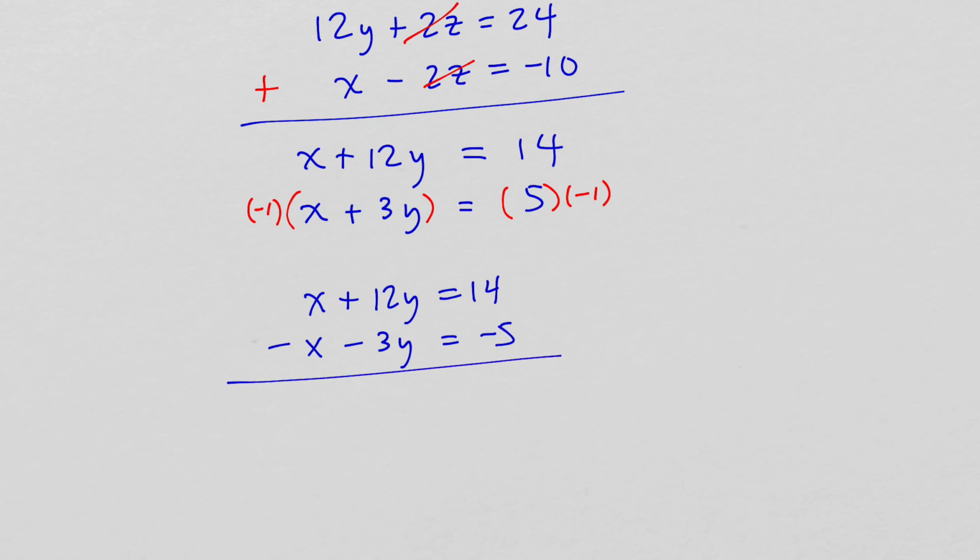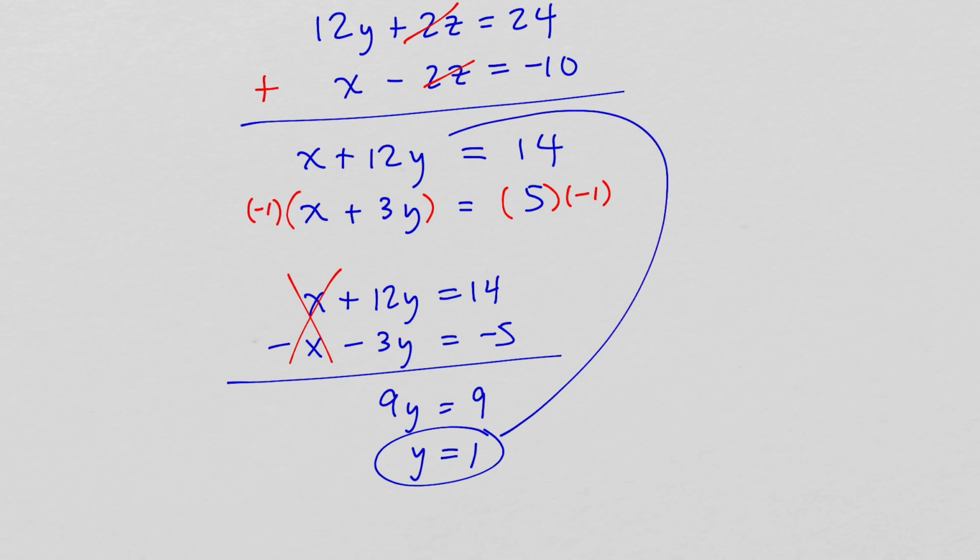If we add these together, the x's cancel out. We get 9y is equal to 9, or y is equal to 1. And if y equals 1, we can plug that in here. And this is going to give us x equals 2.